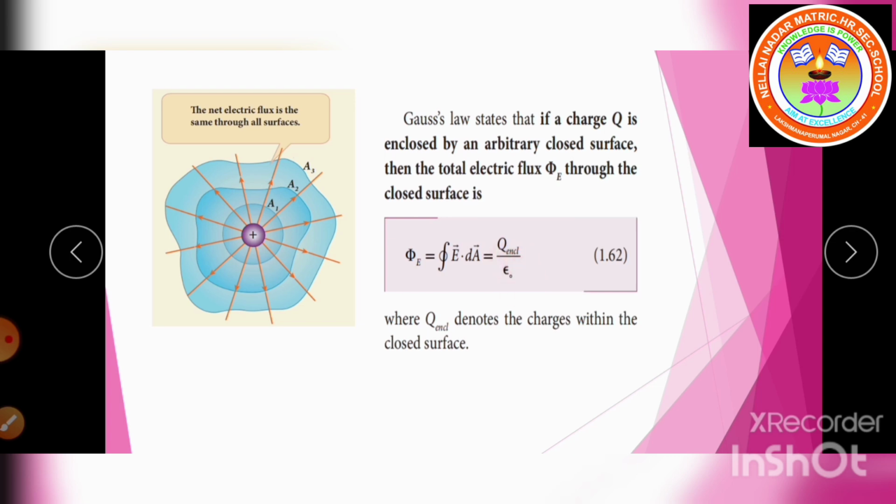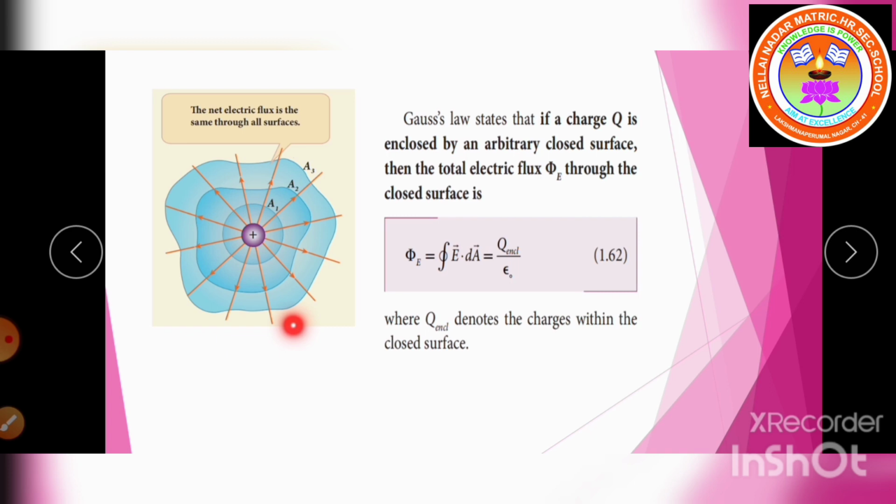Okay, understand children? Now, from this formula, we can discuss some points. The first point, listen, the total electric flux through the closed surface depends only on the charge enclosed. If you see here, it depends only on the charge enclosed by the surface. Suppose the charge is present outside the closed surface, it is not considered.